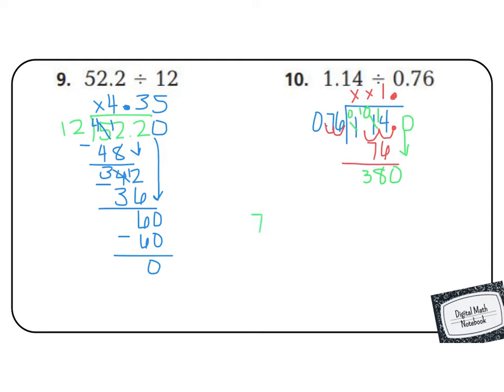What is 76 times 5? 6 times 5 is 30. 7 times 5 is 35, plus 3 is 38. Oh, perfect. That's exactly what we want. So 5 goes on top, and 380 goes underneath, and we subtract. So again, by adding that 0, now we have no remainder. Our answer is 1.5. Please pause to type your numbers into your digital math notebook now.